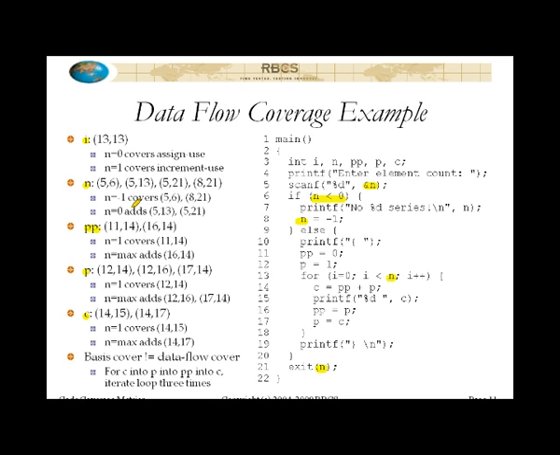And if we look at the values that we came up with for basis test coverage, we can say, okay, what if we test with n equals 0, n equals 1, and n equals minus 1?